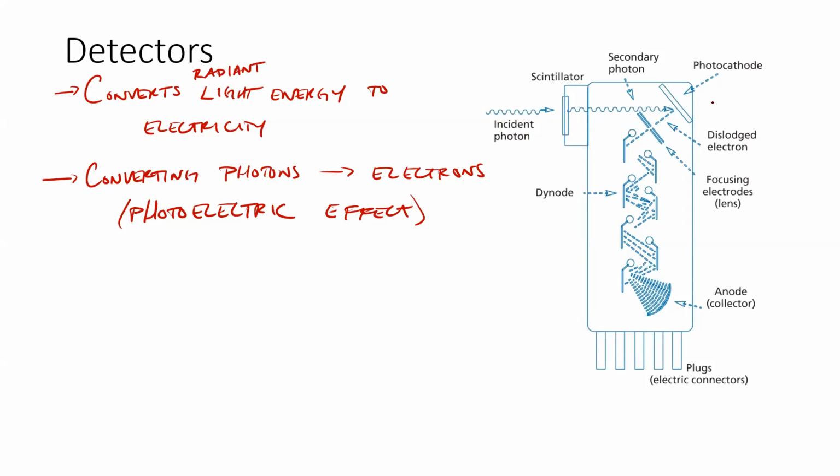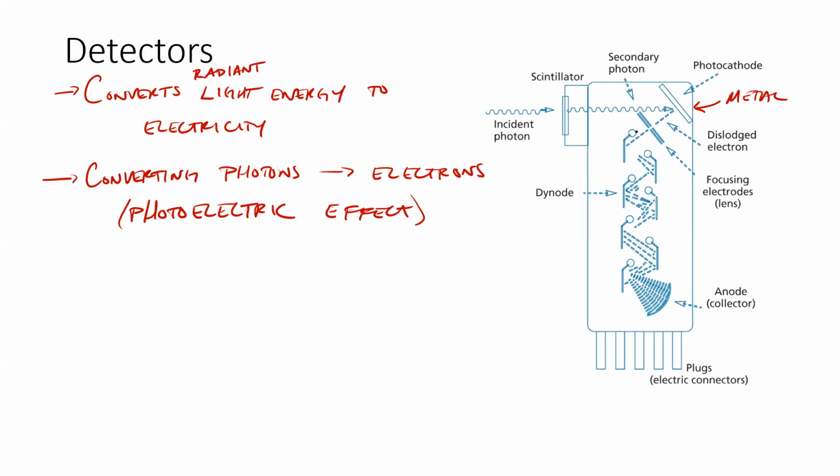This photocathode is our piece of metal where that photoelectric effect occurs. And then these dotted lines are electrons. And so for that photon coming in, we get 1 electron off.